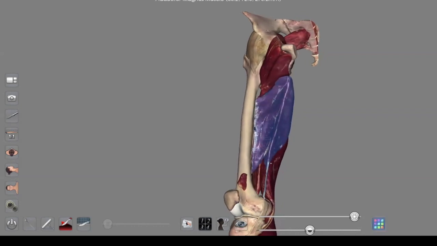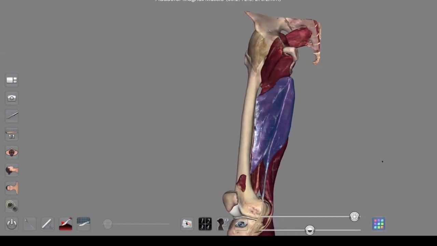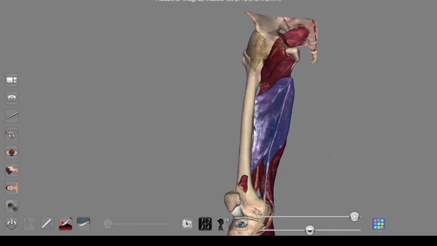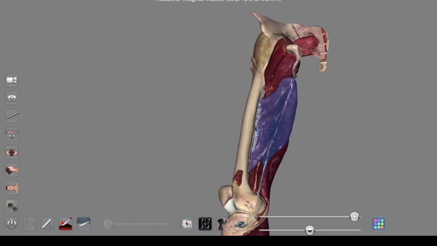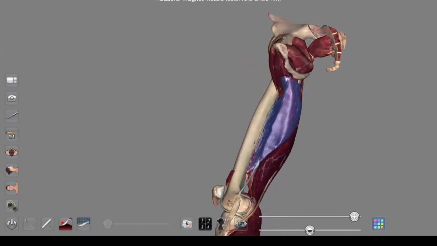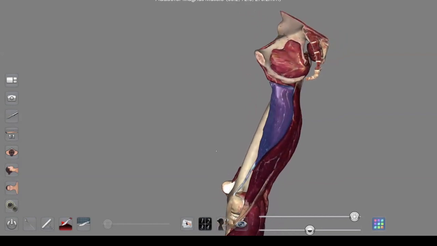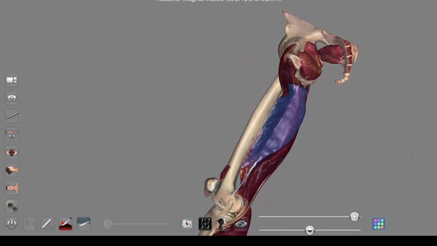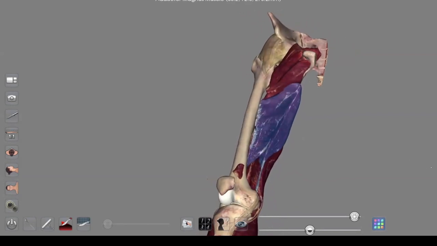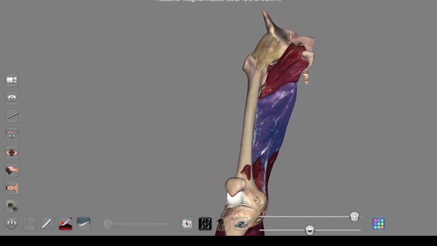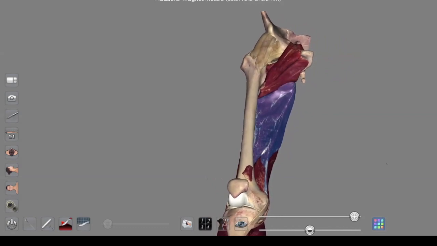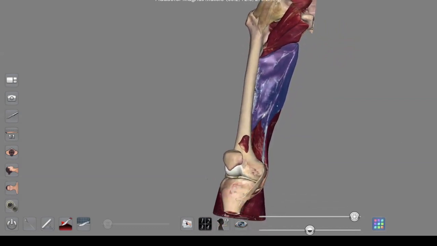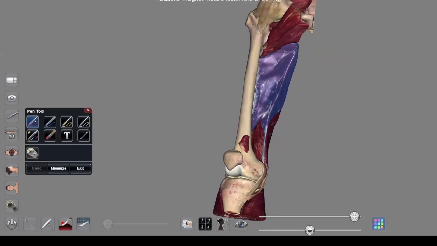The adductor magnus, as its name implies, is the largest of the adductor muscles, originating from the inferior ramus of the pubis, as well as the ramus of the ischium and the ischial tuberosity posteriorly, and inserting onto the inferior portion of the linea aspera and the medial supracondylar line, as well as, as you see here, part of the adductor tubercle.